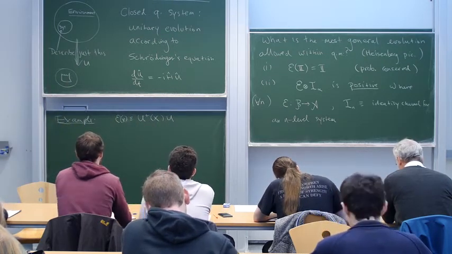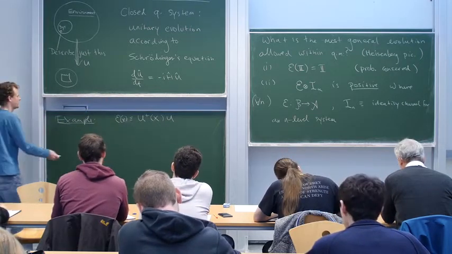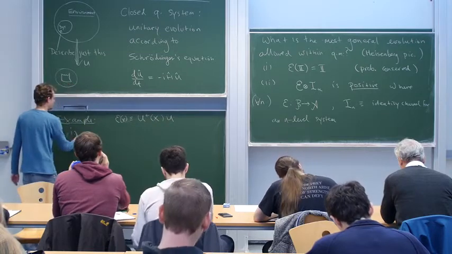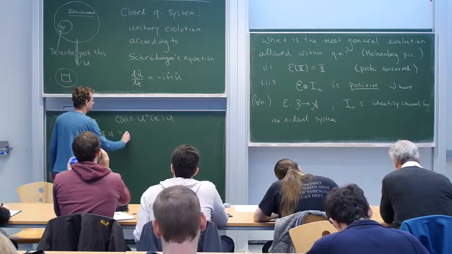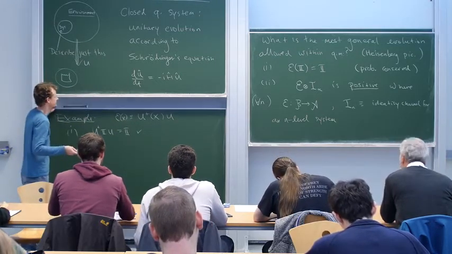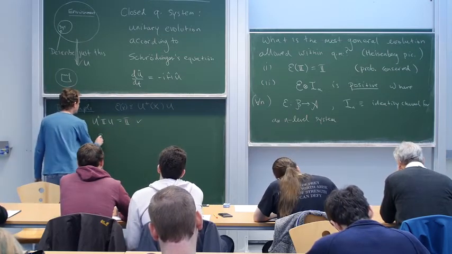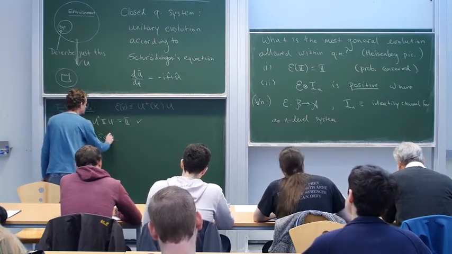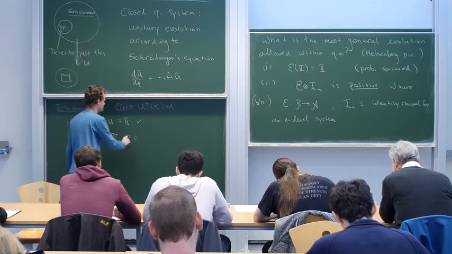This is something that had better be a legal quantum mechanical evolution, otherwise we messed up our axioms, right? So let's check. One, is U I U dagger equal to I? Well, the answer is yes, because that's what it means to be unitary. And the second one is we want that E tensor the identity channel, the do-nothing channel, is positive.